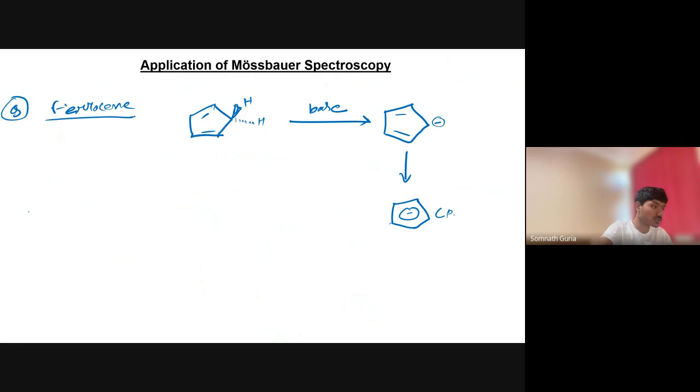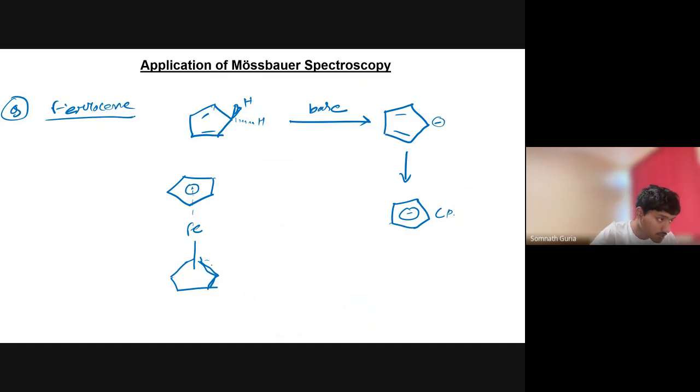So in the ferrocene, how is the structure? We have this negative charge, which is coordinated with the iron, Fe, and then we have Fe over here also. This is the staggered form.